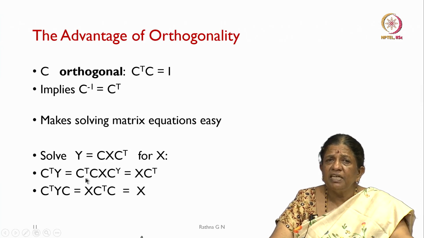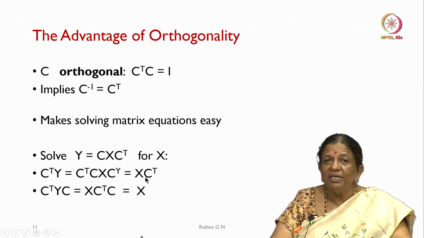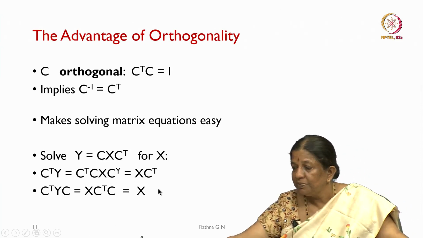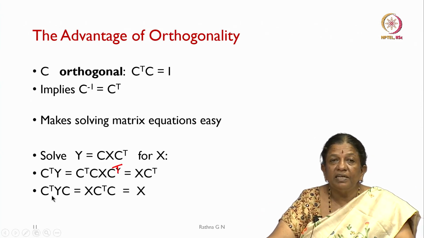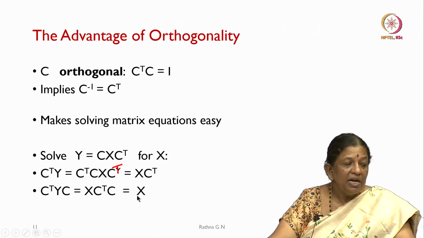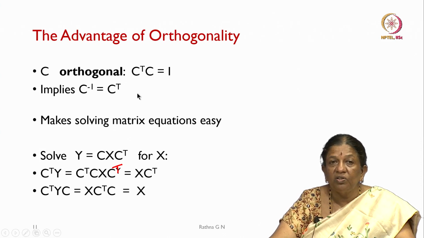Then it becomes C transpose C into X into C transpose, which is nothing but X into C transpose. If you multiply with C, C transpose Y into C is nothing but X into C transpose C, which becomes X. So now you will see how Y and X can be computed interchangeably if our matrix is orthogonal.